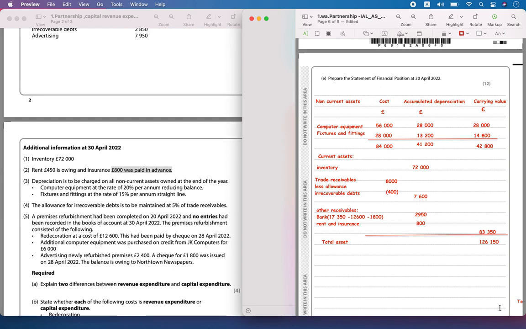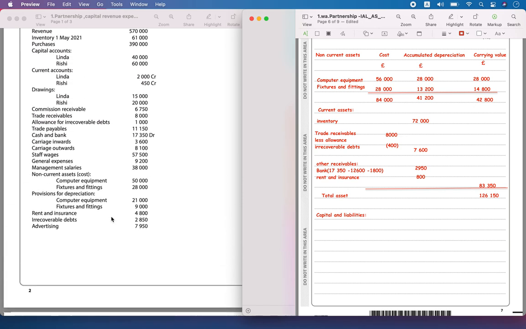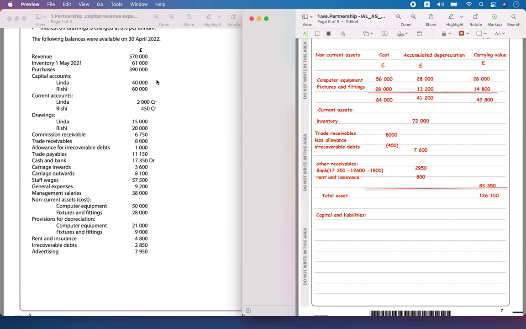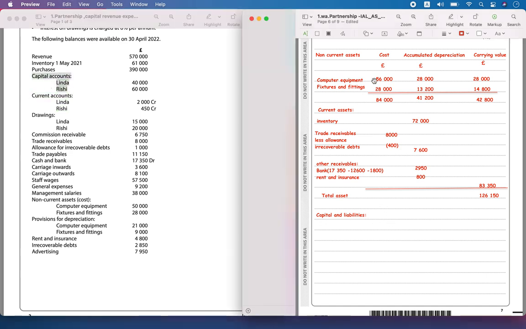And then we have the liabilities section. Let's prepare the capital and liability section. The first one is capital accounts. From the capital accounts, the balances were 40,000 and 60,000 for Linda and Rishi.